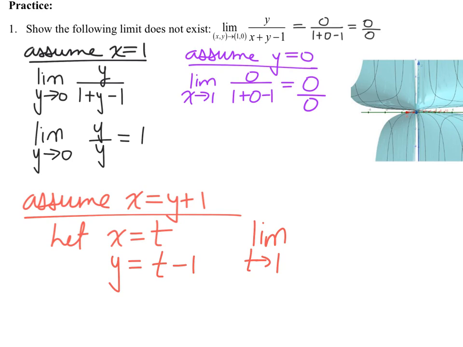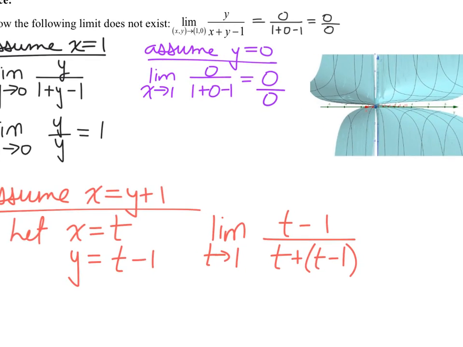All right, so x needs to approach the 1, y needs to approach the 0. So that would work. Then y gets replaced with a t minus 1. X is t plus t minus 1 minus another one.